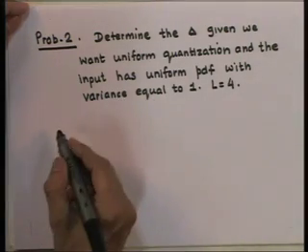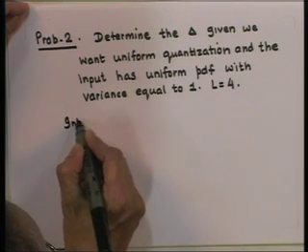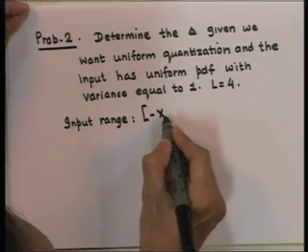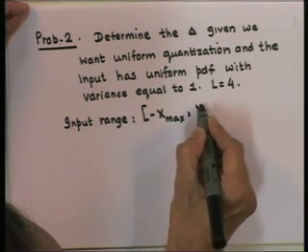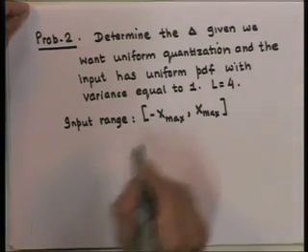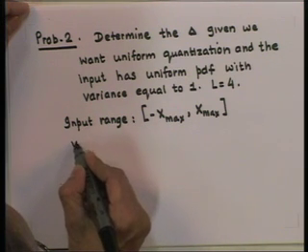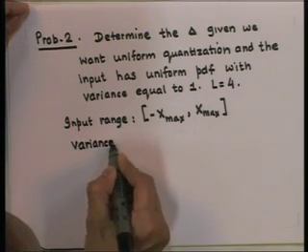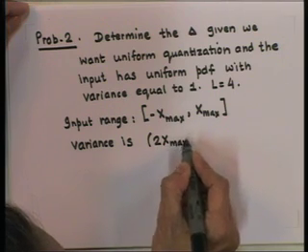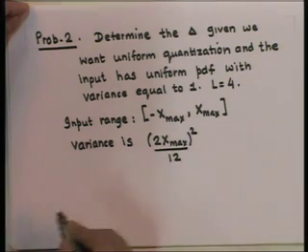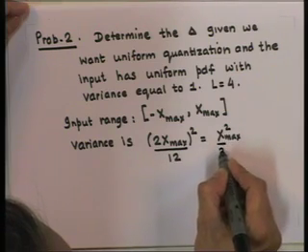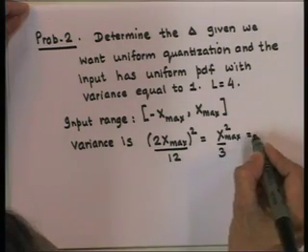Now, the solution is as follows. If the input range is minus x max to plus x max, and if the input has uniform PDF, then its variance is 2 x max squared by 12, which is equal to x max squared by 3, and this is equal to 1.